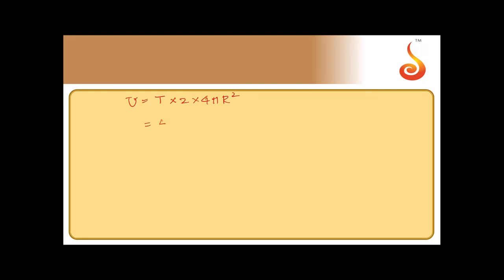So surface tension is given, 4.5 × 10^-2 into 2 into 4 into π, which is 3.14, into R², which is (2.1 × 10^-2) whole squared.